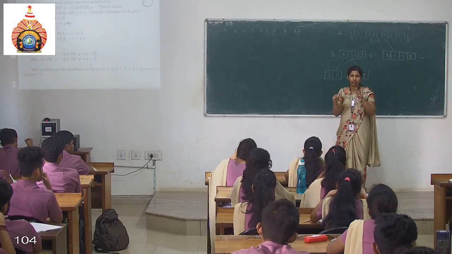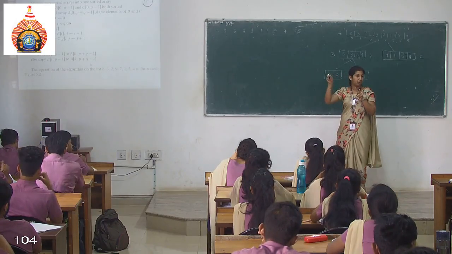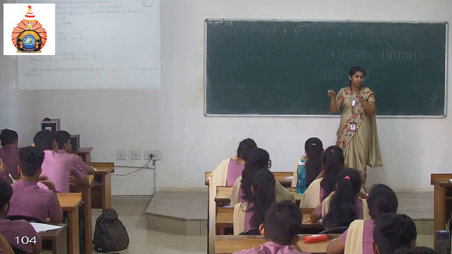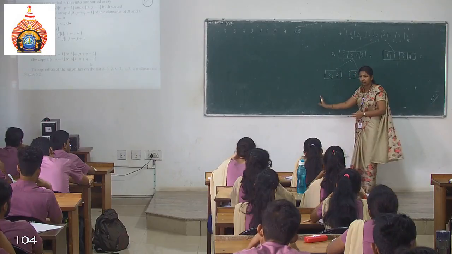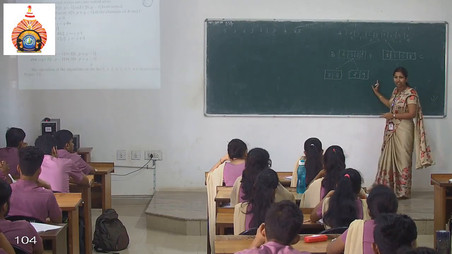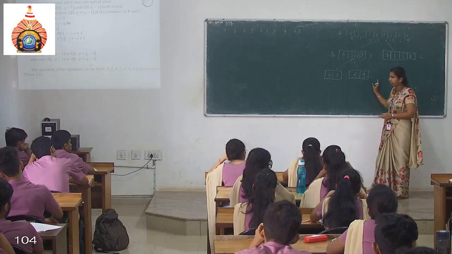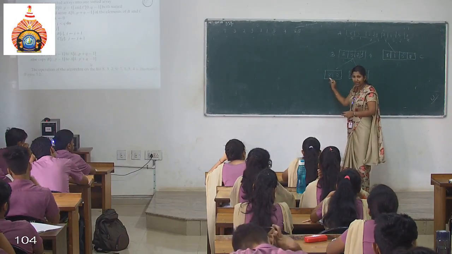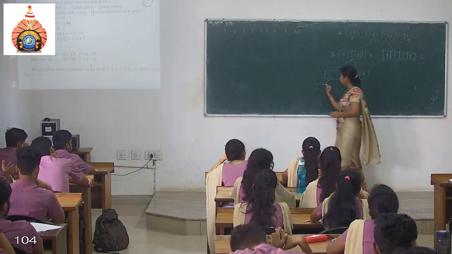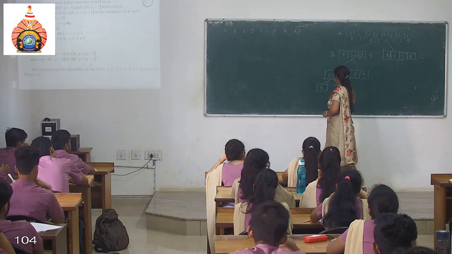Two merge sorts are there, correct? Merge sort B and merge sort C. Once you completely divide B, then only you will go for C. Remember that. So here again I am calling merge sort. Now this will be A. It will be divided into 8 and 3.